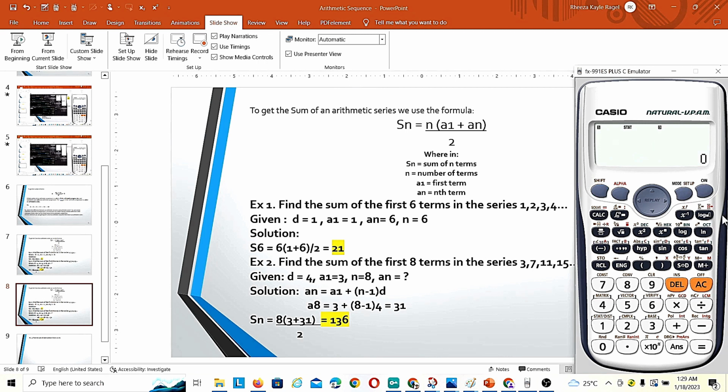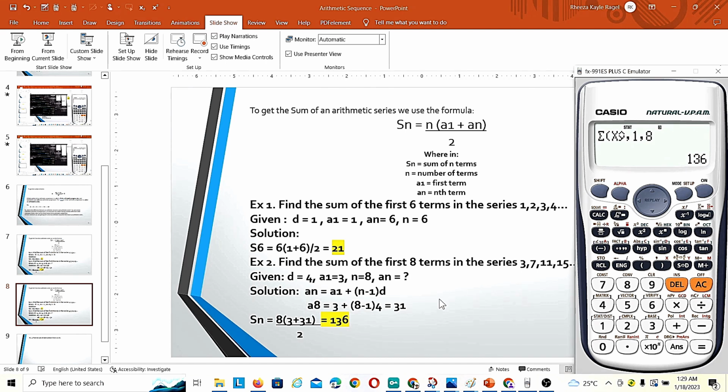And then shift, summation of x, and then xy hat. Therefore, comma, comma, and then the first 8 terms. So 1, comma, 8. And there you have it, 136.